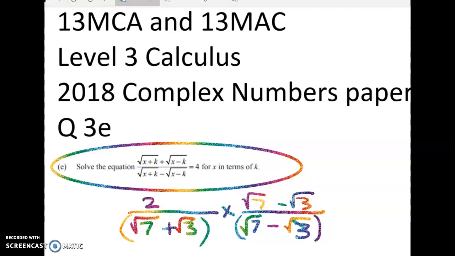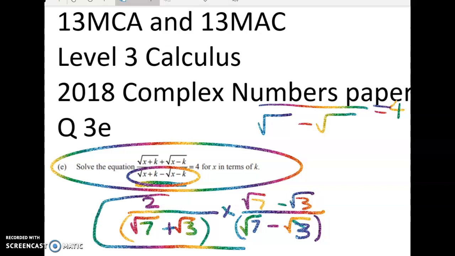What we've got here is an equation with a whole lot of surd signs. And we've got a third thing on the bottom line, so a square root minus a square root and a fraction, and it equals 4. My immediate reaction as soon as I saw this bottom line was to think, I'm going to multiply by the conjugate of those two surds.